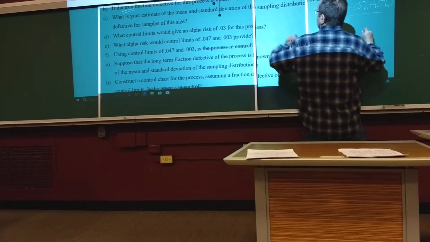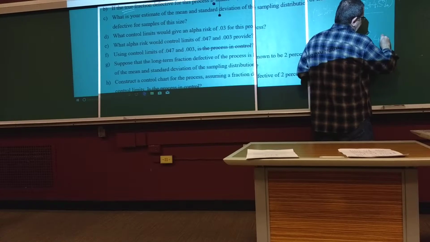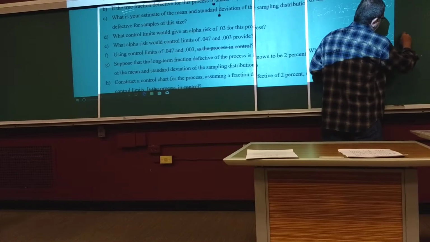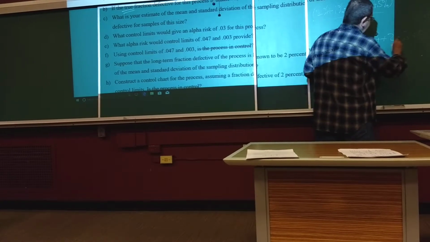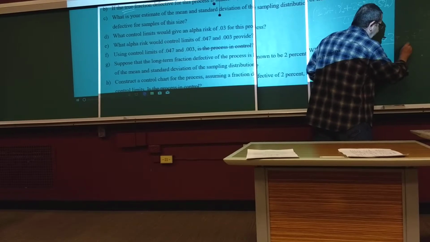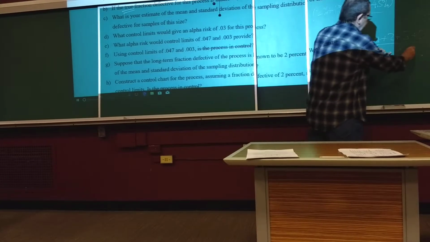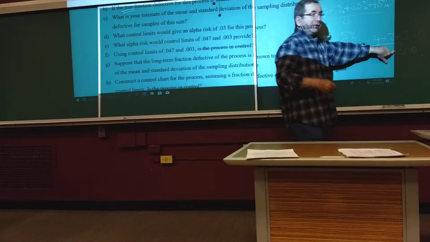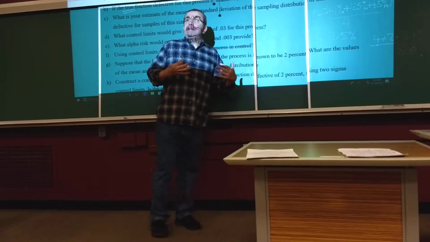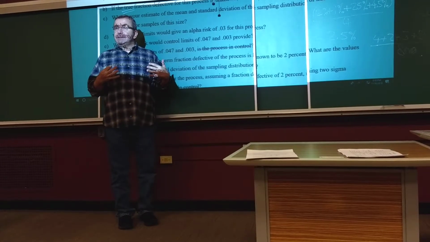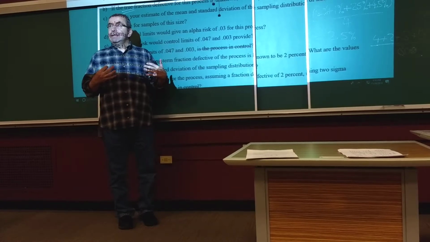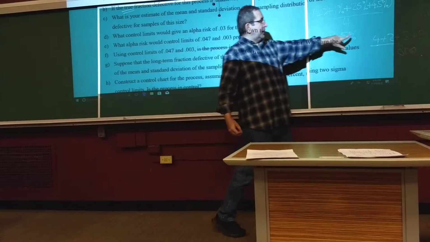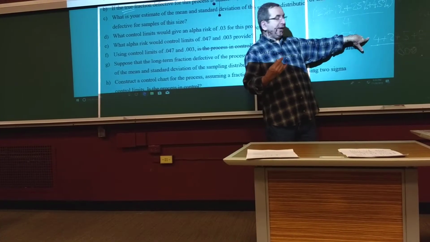So in the first one we have 4 plus 2 plus 5 plus 9 divided by 800. Right, so we have a total of 800 credit card statements. And from the first sample we have 4 defective.